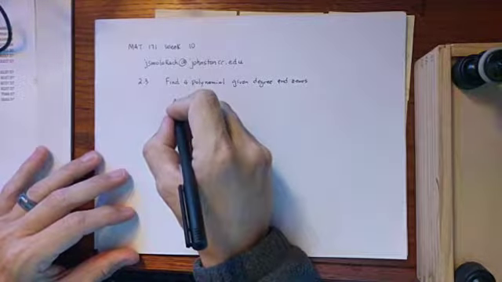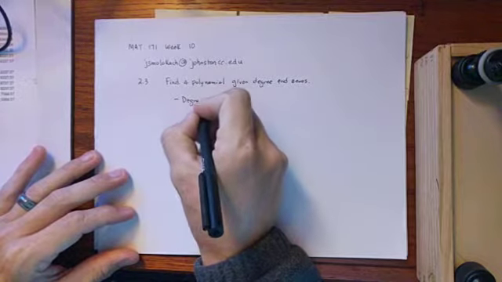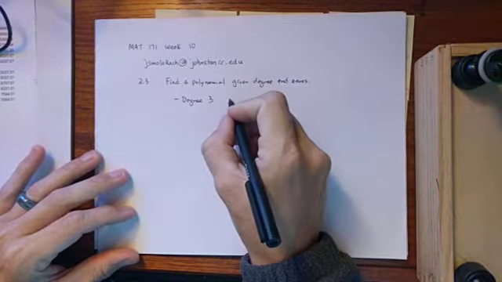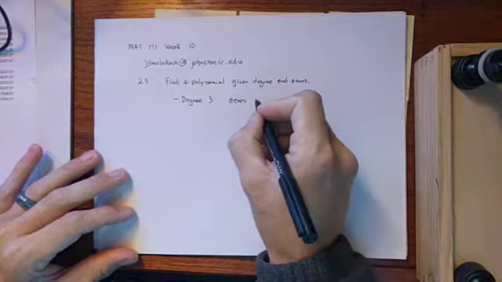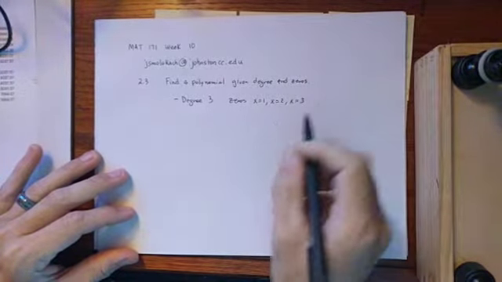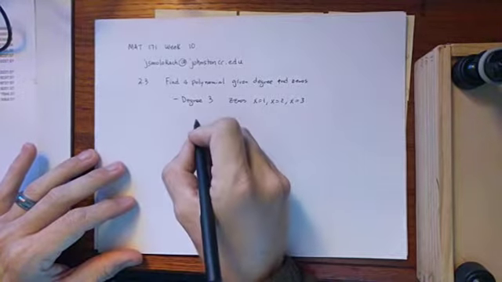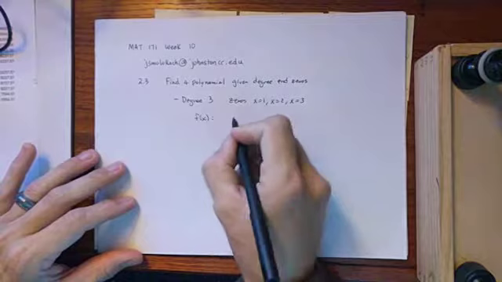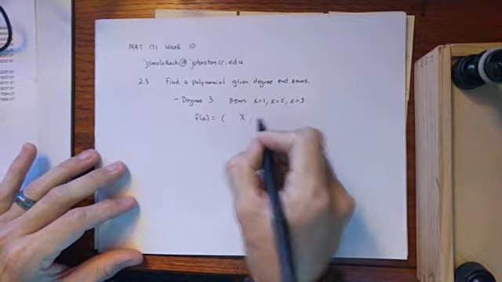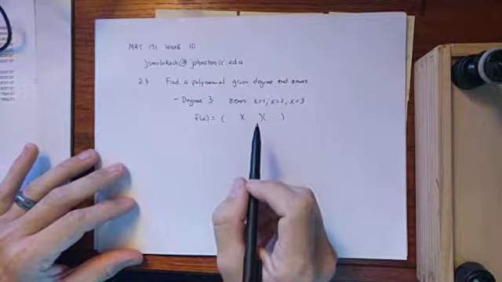So let's say that we have degree 3 and the zeros are x equals 1, x equals 2, and x equals 3. Well, the zeros make factors of the polynomial. So you can start out with f of x equals 3 different factors, and these are called linear factors.